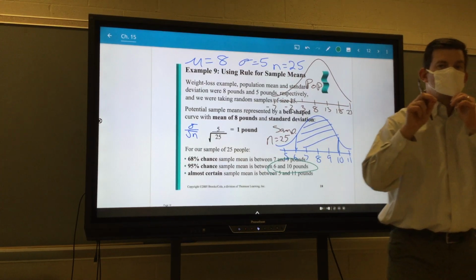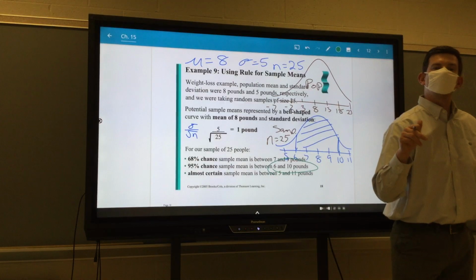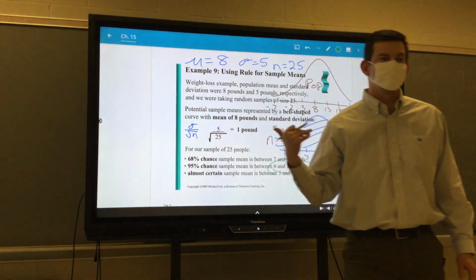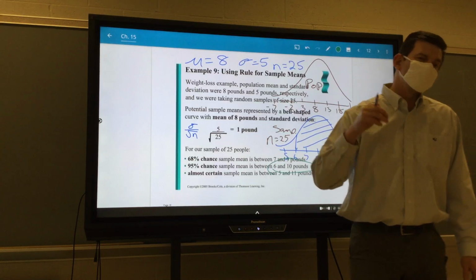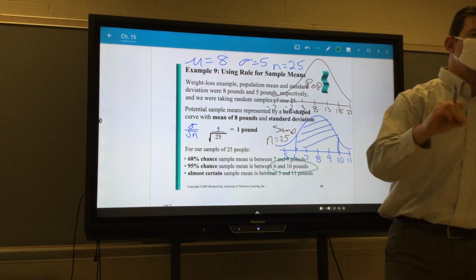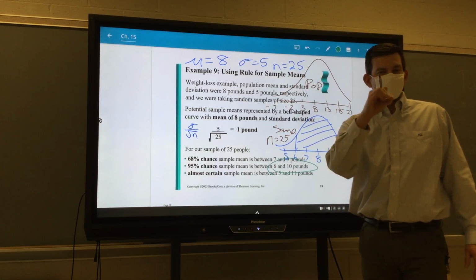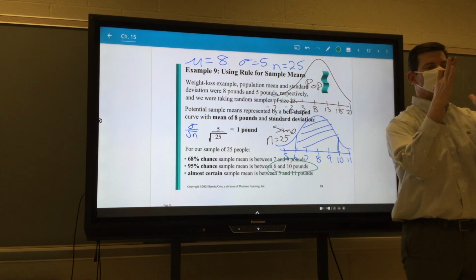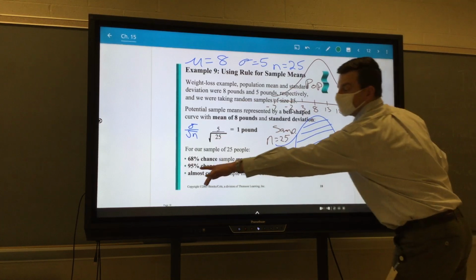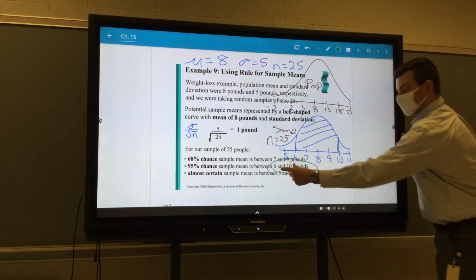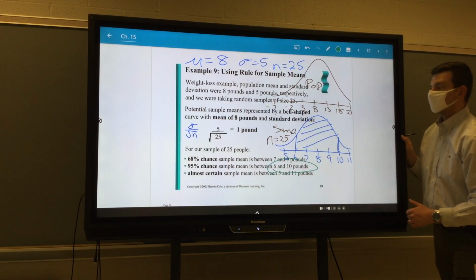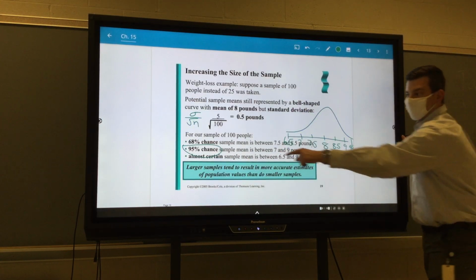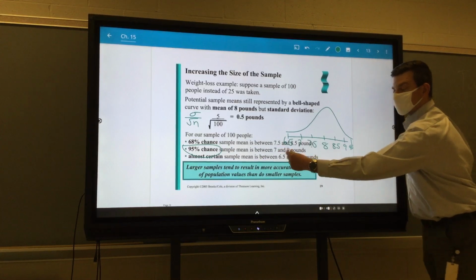If we see this trend, this mean, happen across a larger group of people, 4 times the size, we are more certain that this is truly what's happening in the population. So we can narrow in our boundaries. Before, we were only 95% sure it was between 6 and 10 pounds. But now when we see this happening across 100 people, we'd be 95% sure that it's between 7 and 9 pounds.